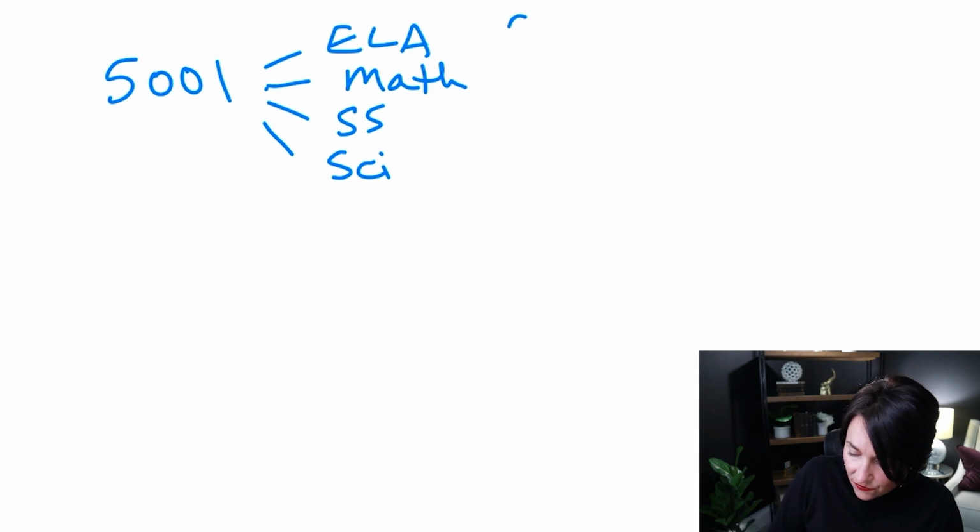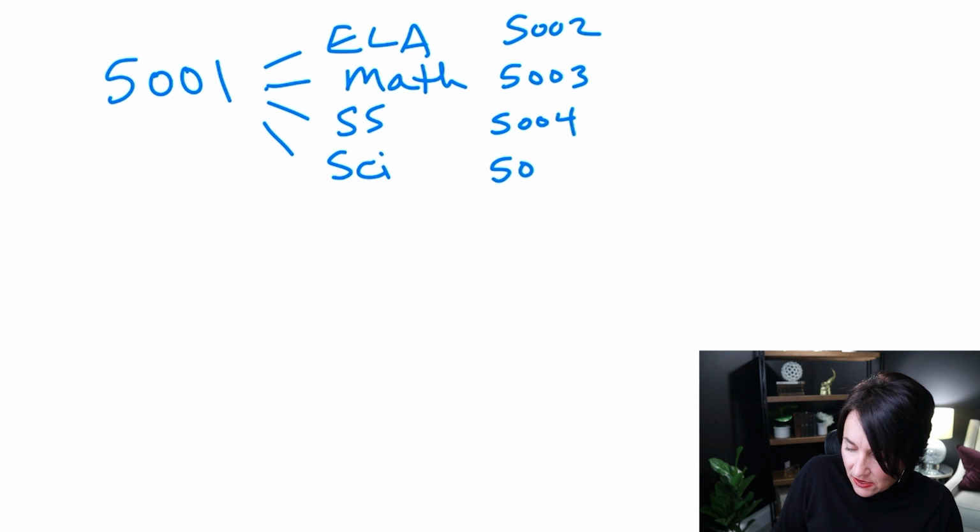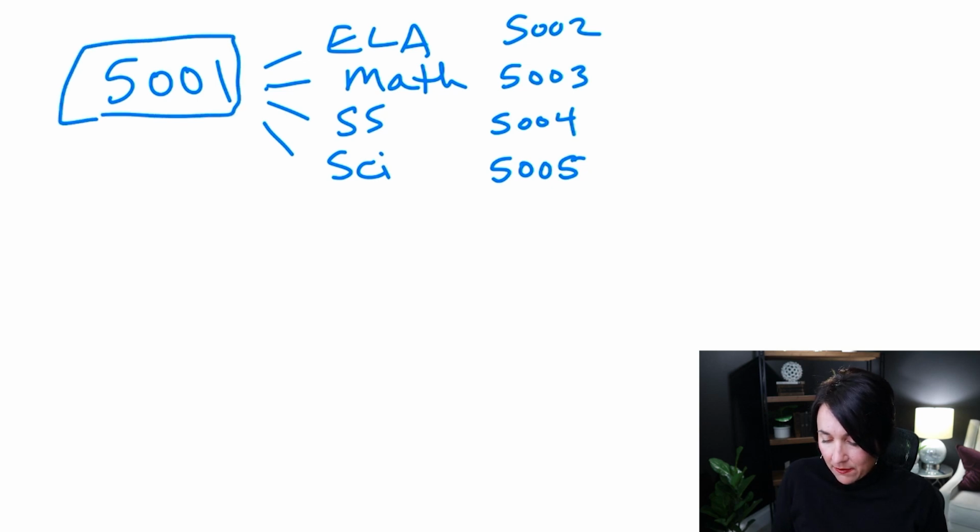So ELA is 5002, math is 5003, social studies is 5004, and science is 5005. Now, most of you take this exam, all right? This is the whole exam here, its number, and then it has these subtests right here. And if you've taken this exam, you can pass one of these subtests or more, and you may only have to take the social studies or the math or whatever. So that's how that test works.